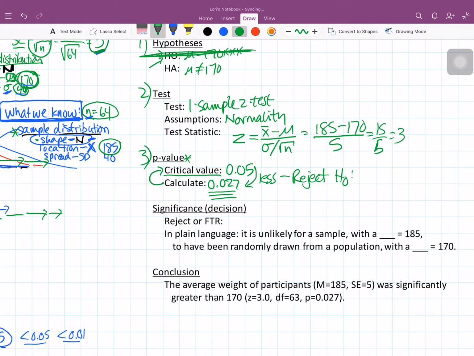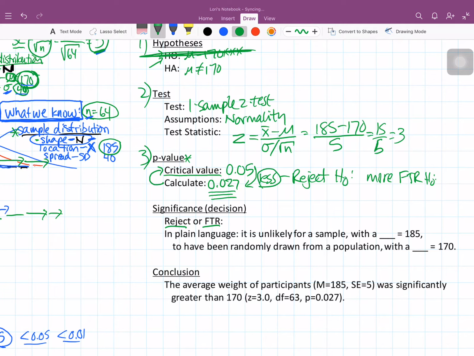If it is more, that means you fail to reject, and I use FTR, the null, just for abbreviation because I don't want to spend all day writing it out. So reject or fail to reject the null hypothesis. And in this case, it is less.